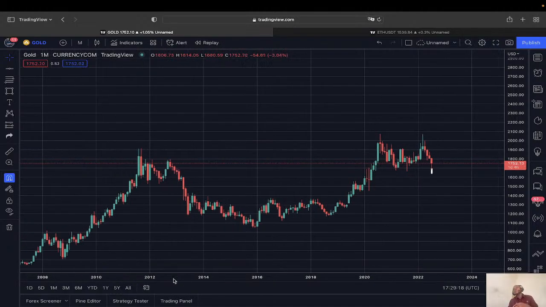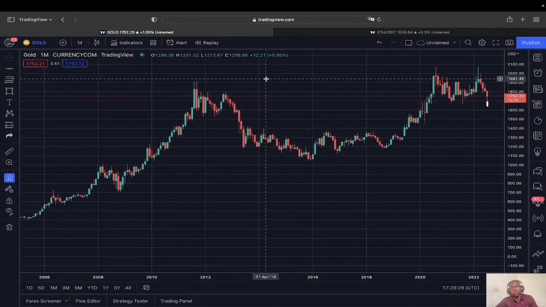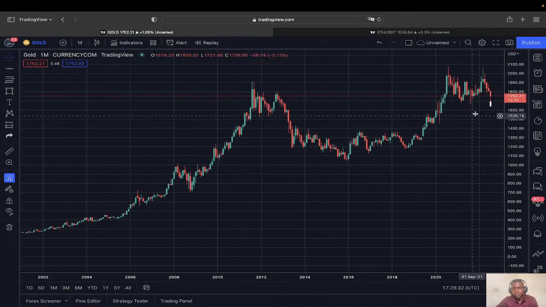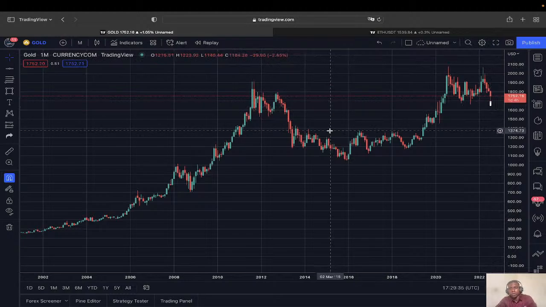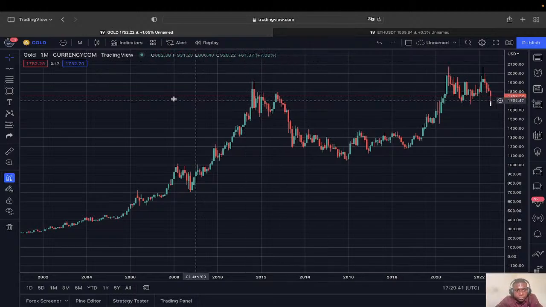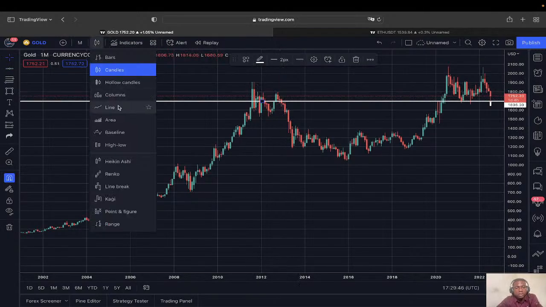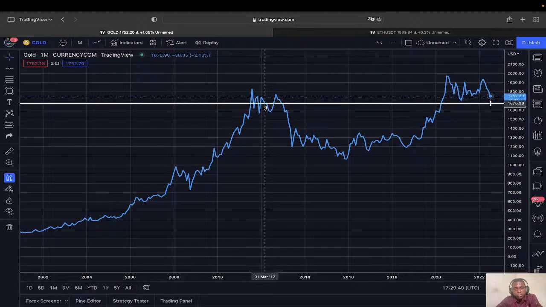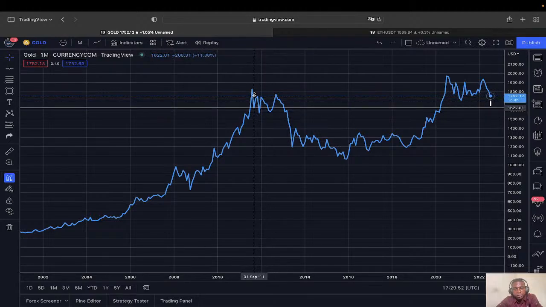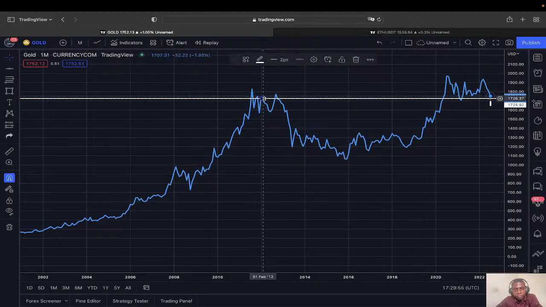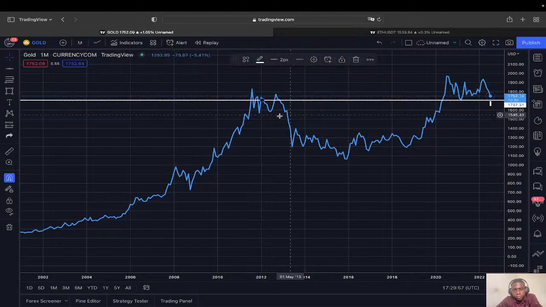Gold can be traded even based on fundamentals, right? However, let's look at the technical review of the present state of gold. Good. So now let's mark out the levels of support and resistance. Let's take it down to line chart. Okay, let's mark out levels of support and resistance.